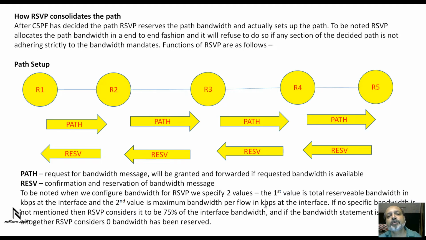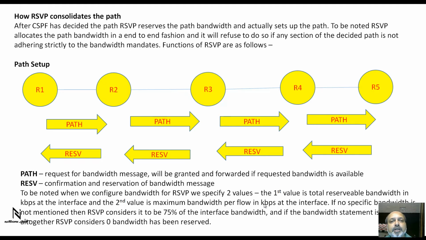So whenever you configure RSVP on the routers, specifically on the physical interfaces, you will see that you have to put two bandwidth values: IP RSVP bandwidth and then some value, then some value.